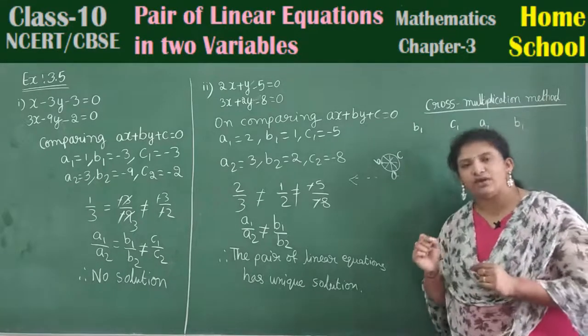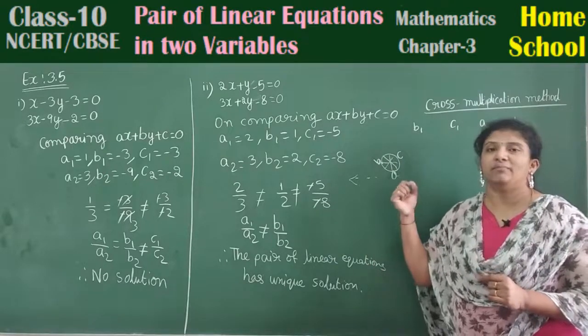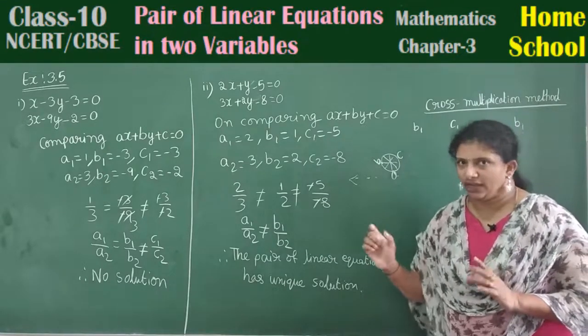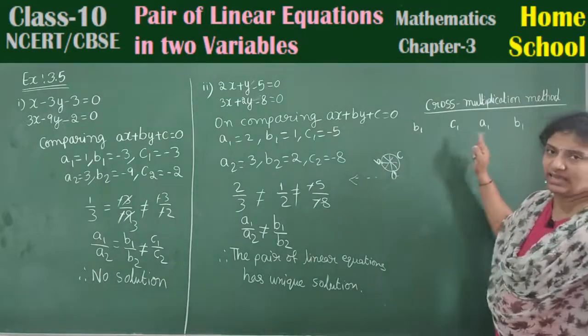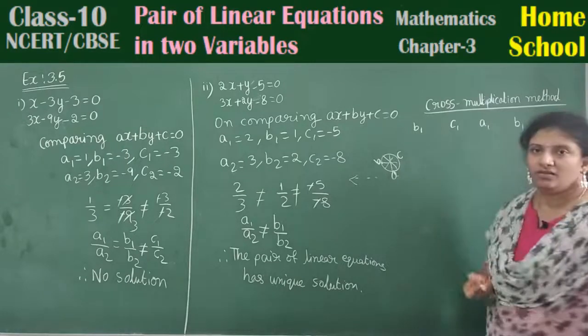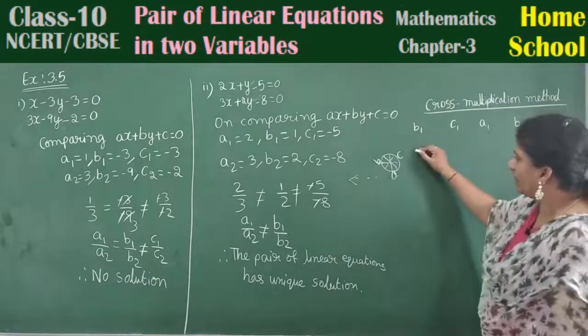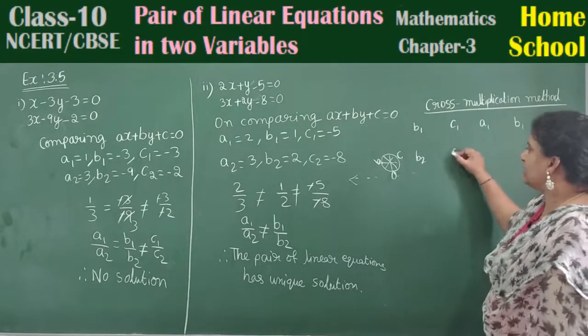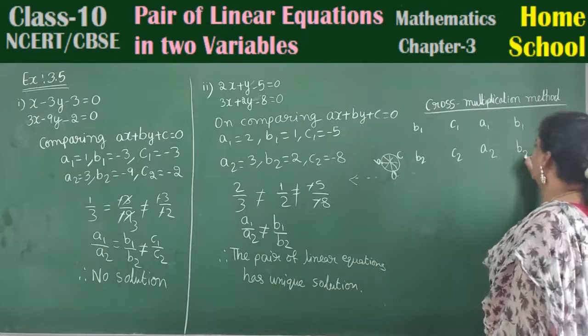It starts from b, c, a, again b. Stop there. Okay, understand the order here: b, c, a, b. But now we have two equations. So b1, b2, c1, c2, a1, a2, b1, b2.